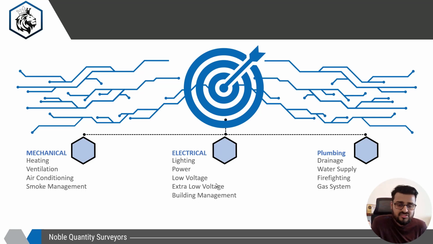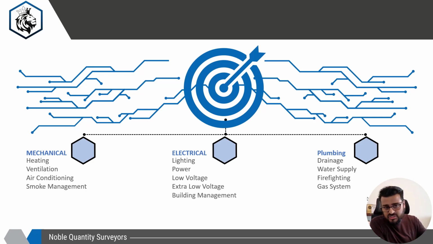Extra low voltage covers our mobile chargers, laptop chargers and so on. They need a very low voltage, they don't need more voltage. So that will be covered under extra low voltage. And there is one more thing, the building management system. That means to adjust and monitor the capacity of the machines, it will be monitored with the building management systems. Then the last one in MEP is plumbing.